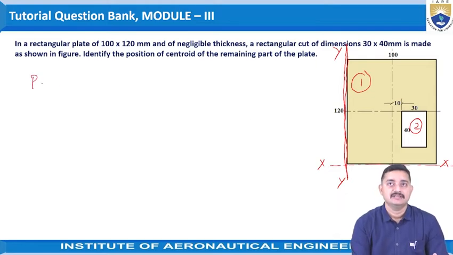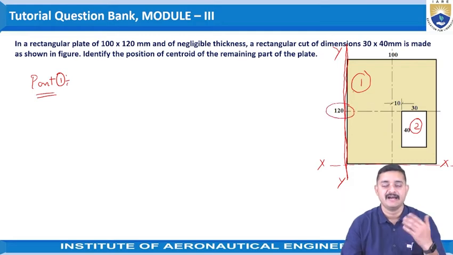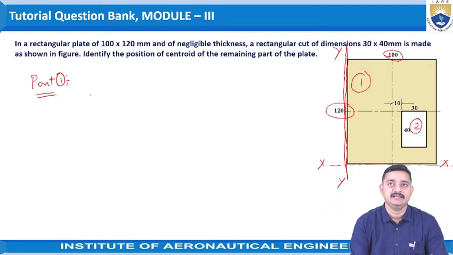Let us first take part 1. The part 1 size given is 120 mm of height or breadth and 100 mm of length. So directly we can obtain the values of x1, y1 and a1.